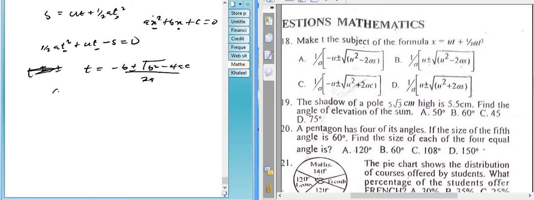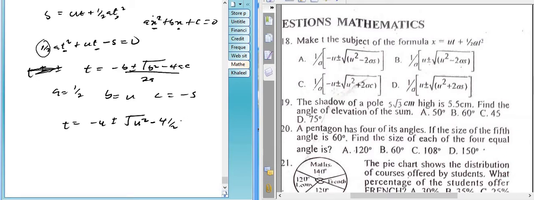From this, a is equal to 1 over 2, b is equal to u, and c is equal to minus s. So we can substitute: t is equal to minus u plus or minus root of u square minus 4, with a as half, and c as minus s, all over 2a.